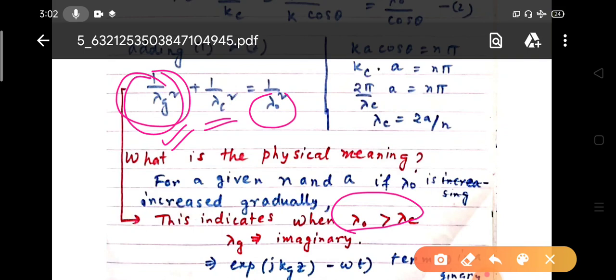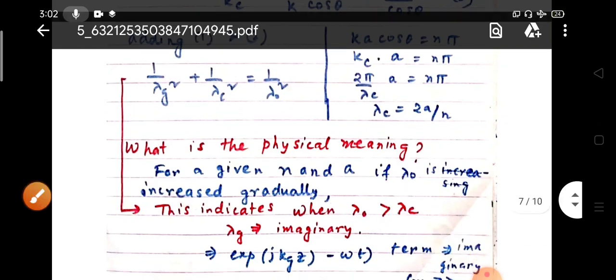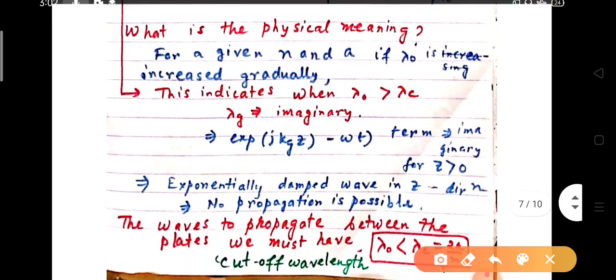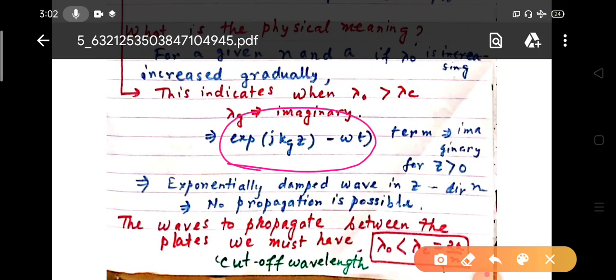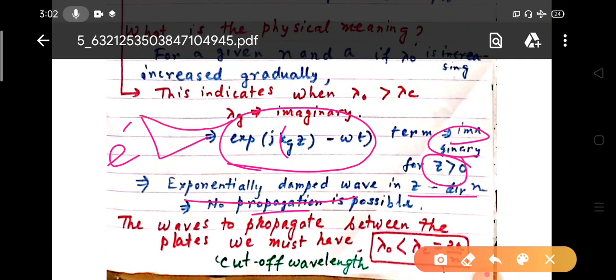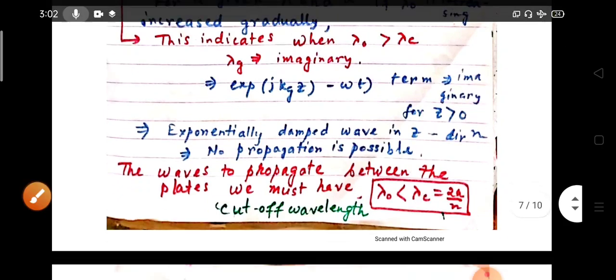So lambda g imaginary means propagation is not possible, because the exponential term responsible for the propagation of the wave, exponential j kgz minus omega t, will become real and decaying for z greater than 0. What will it represent? It will represent an exponentially damped wave in the z direction. So no propagation is possible.